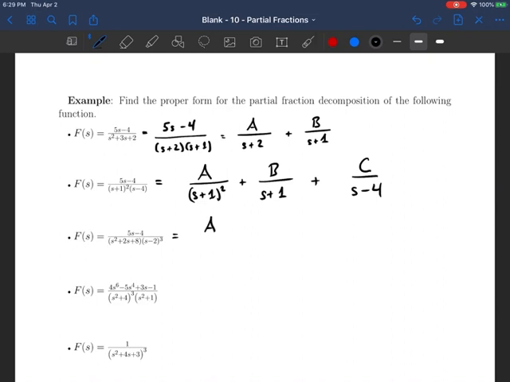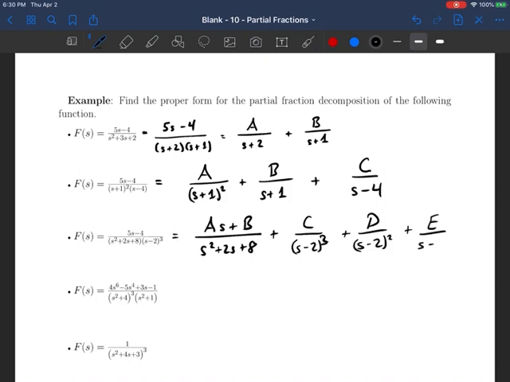Okay, what I think you should get is, first of all, the quadratic is in fact irreducible, and you should get As plus B over s squared plus 2s plus 8. And then we have a power 3 linear factor here, so we're going to need 3 more terms: C over s minus 2 cubed, plus D over s minus 2 squared, plus E over s minus 2.